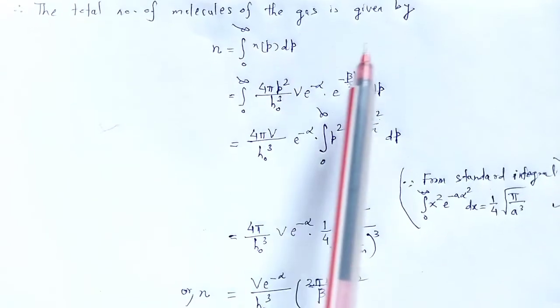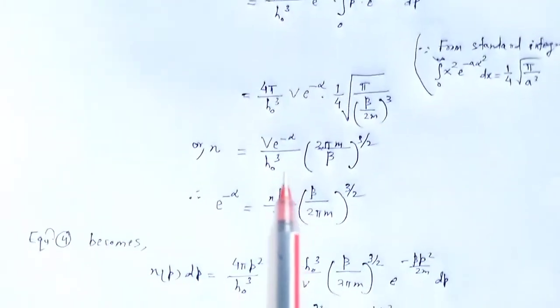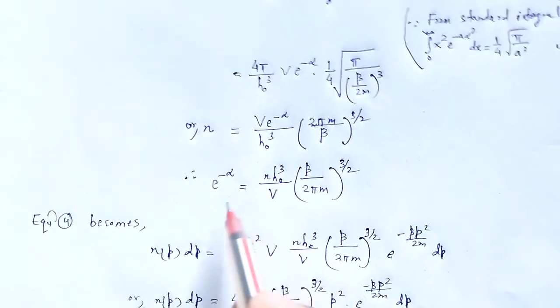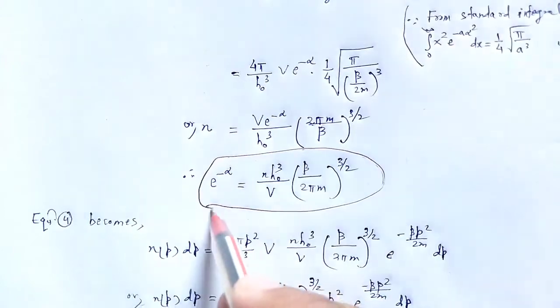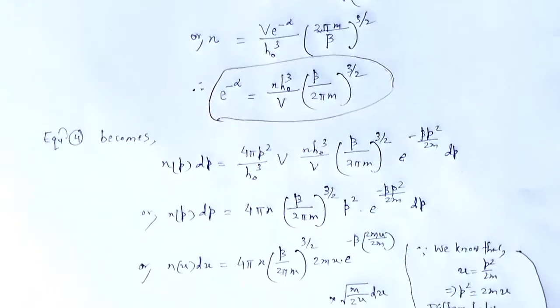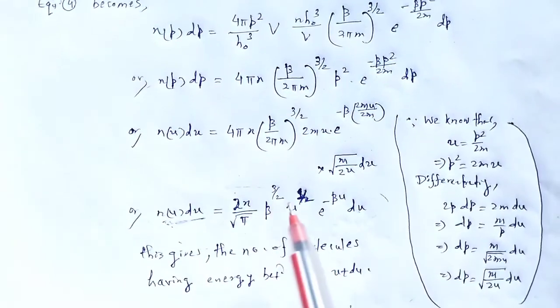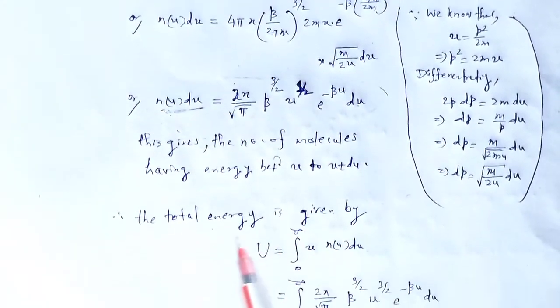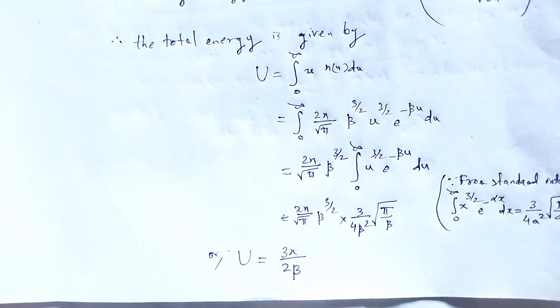From the total number of molecules, one of the constants, e to the power minus alpha, is derived. Then, putting these values, again we compare the total energies.